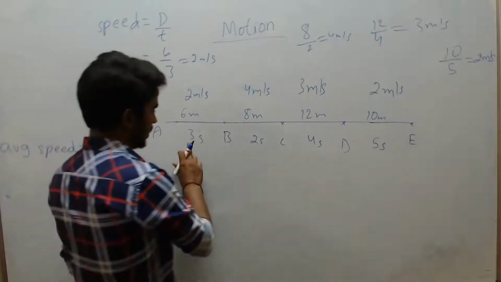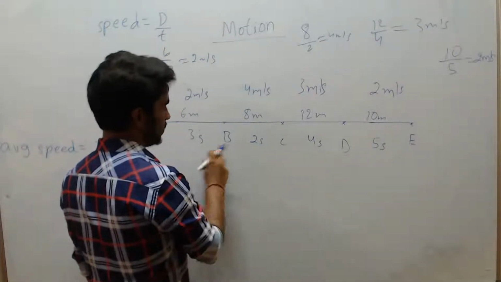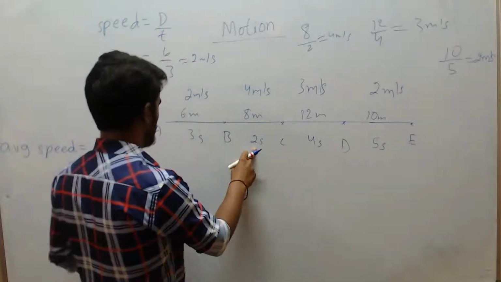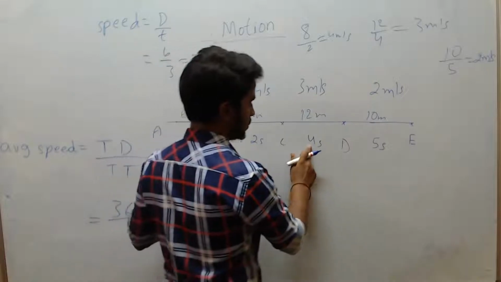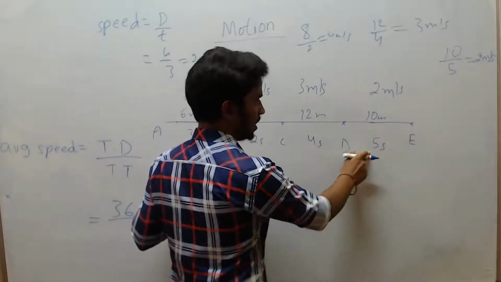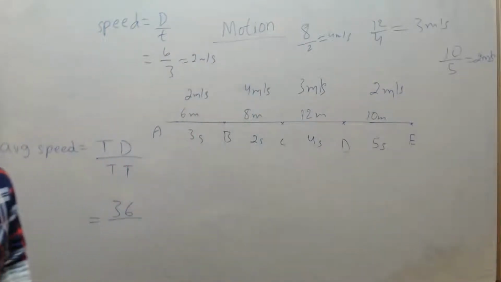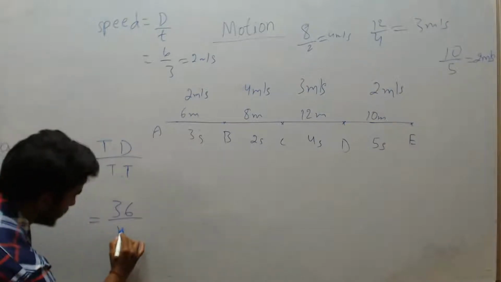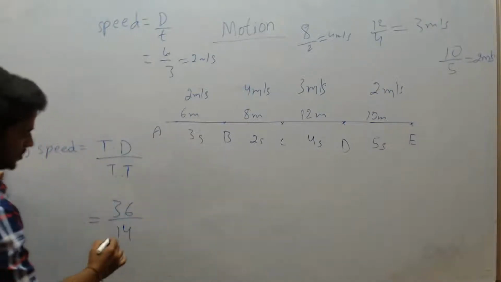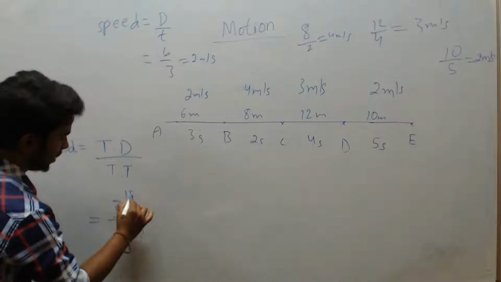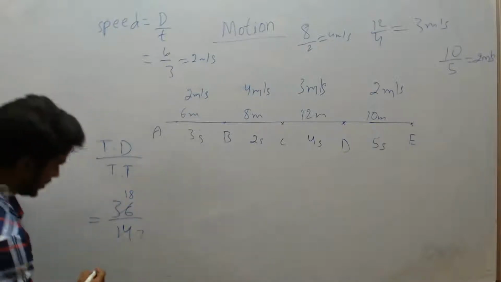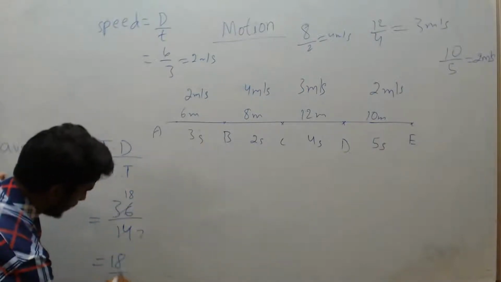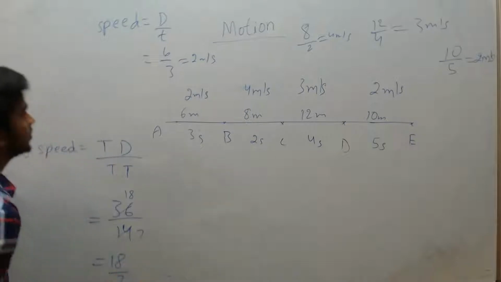Okay, next 3 plus 2 is 5, total time 3 plus 2 is 5, 5 plus 4 is 9, 9 plus 5 is 14. So now 2 sevens are 14, 2 eights are 16, then 18 by 7.